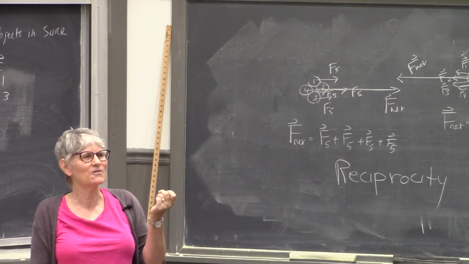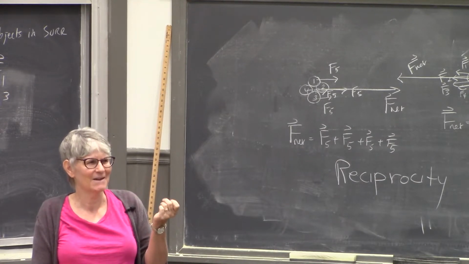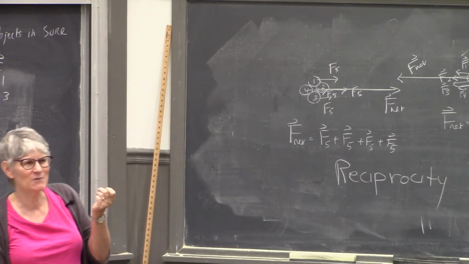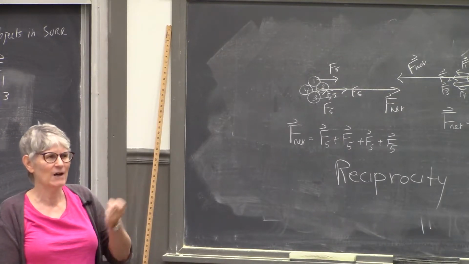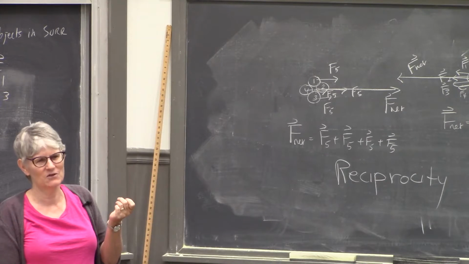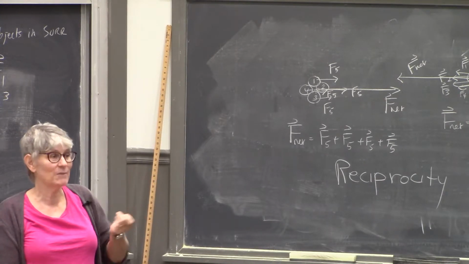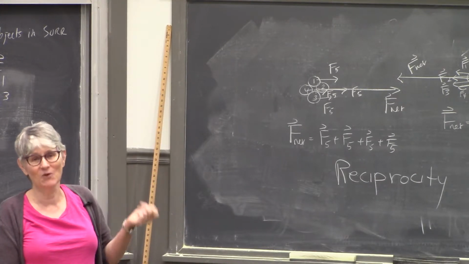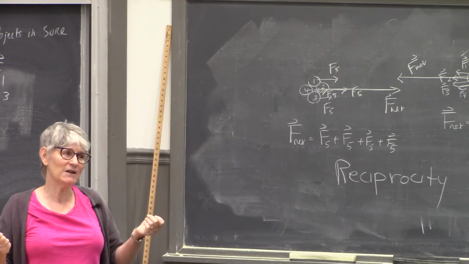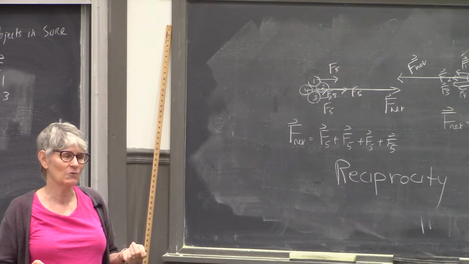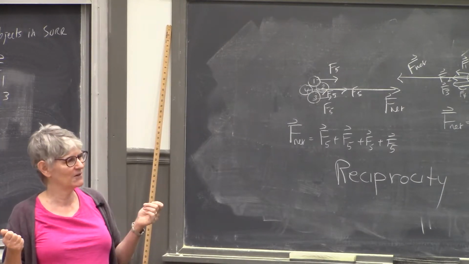They had quite different effects, however. So how much did the force by the mosquito change the car's momentum? Not a lot. How much did the force by the car change the mosquito's momentum? Quite a lot, because the mosquito's momentum was a lot smaller and it was a lot easier to change. So the force is going to be equal, but the effect, well, wait a minute. Let's think about that for a minute.